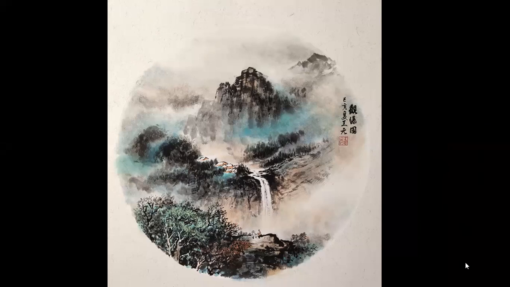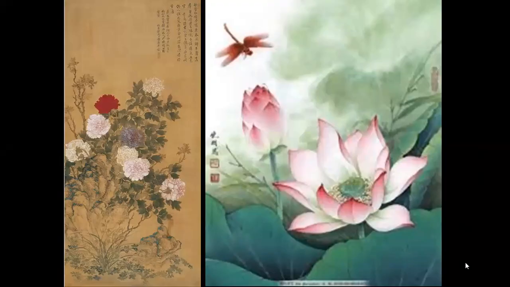Okay. So definitely this is a landscape. We can see a waterfall. We can see some small houses.